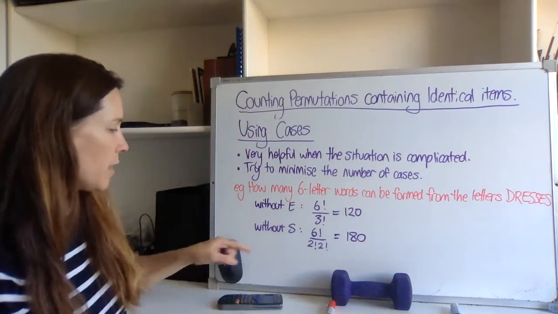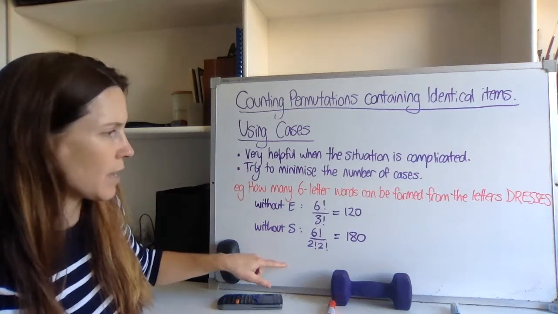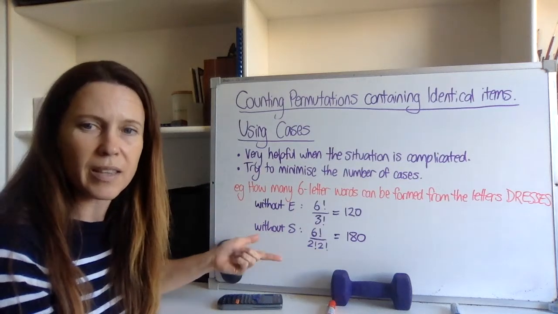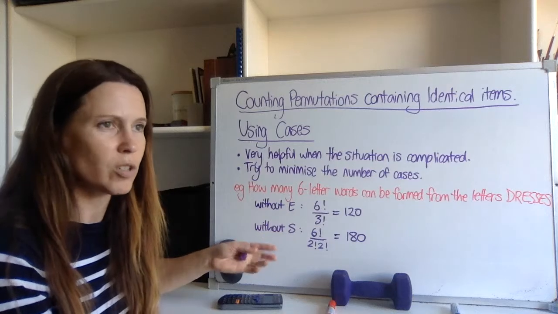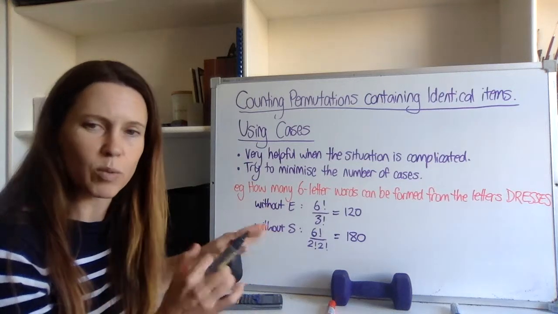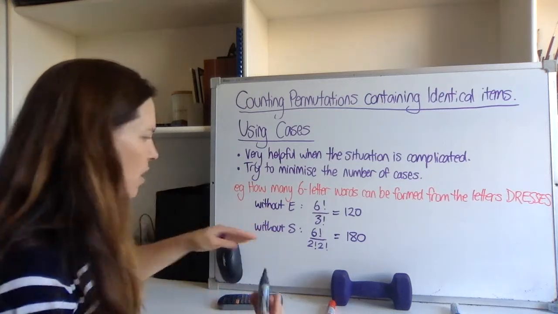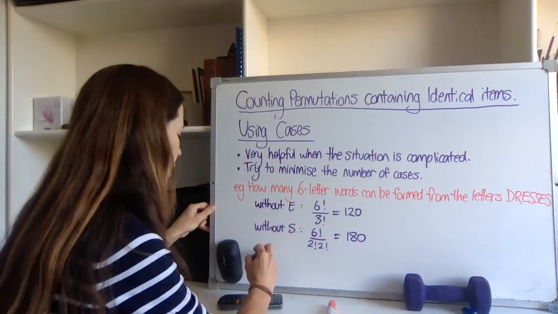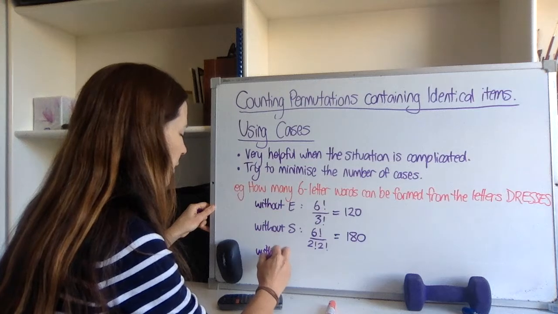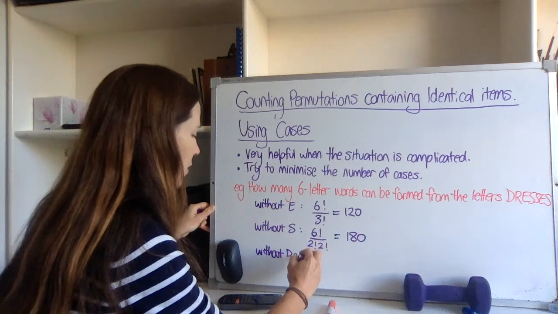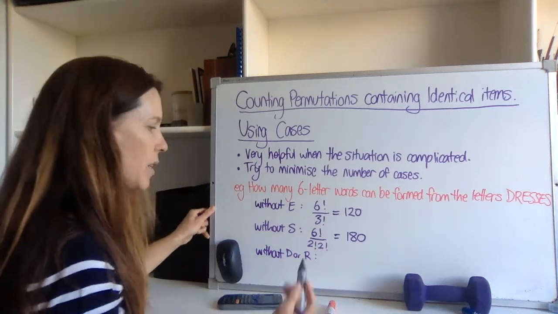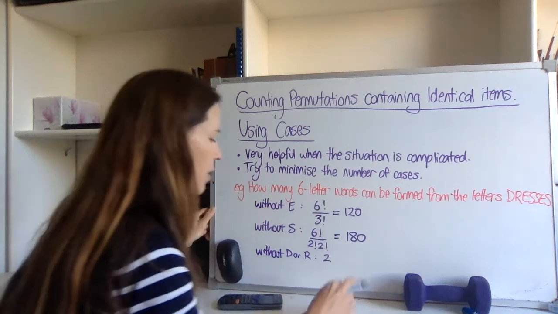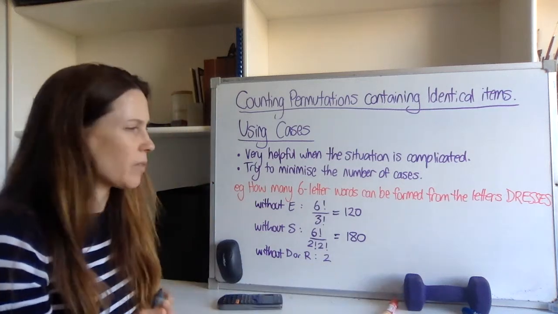Now we could consider leaving out the D and leaving out the R separately. I can see that they're going to be the same, so I'm thinking we should just do the D and the R, imagine what each one of them would be, and just double it. You can do them separately if you like, or just take this little shortcut. So let's consider if we take out the D or the R, let's start by saying we'll need to double whatever it is, and now we can just consider one of them.